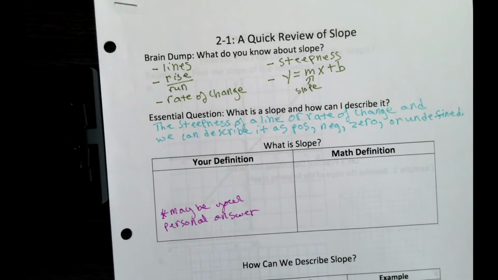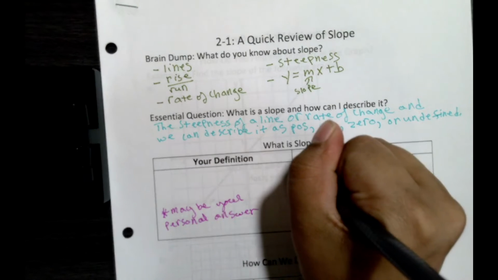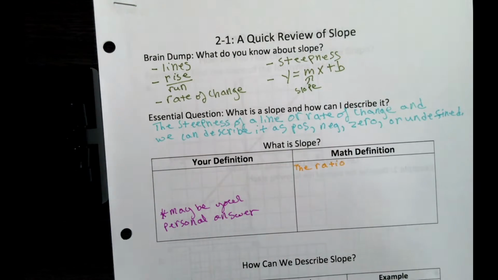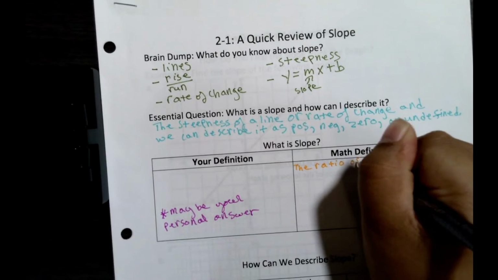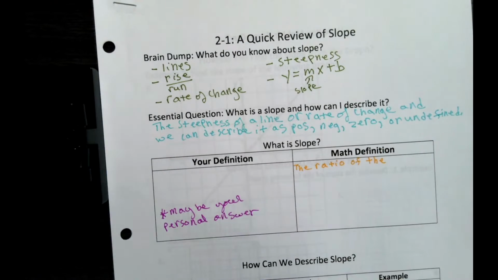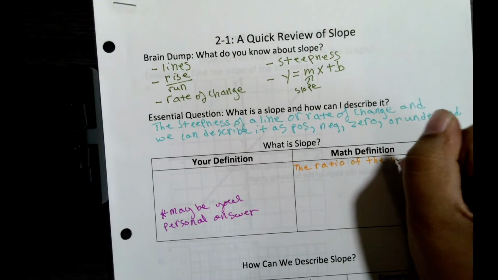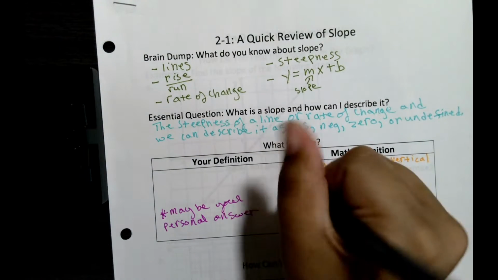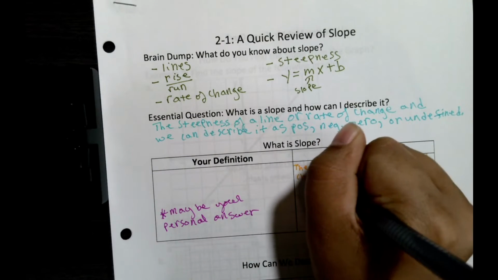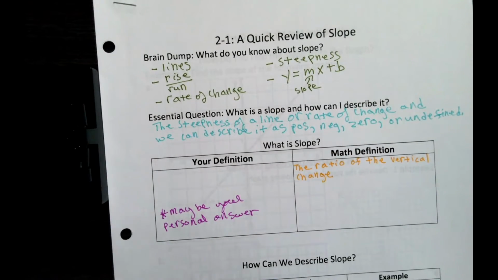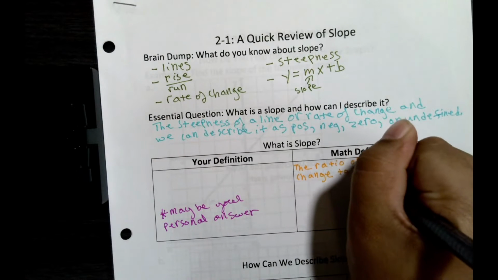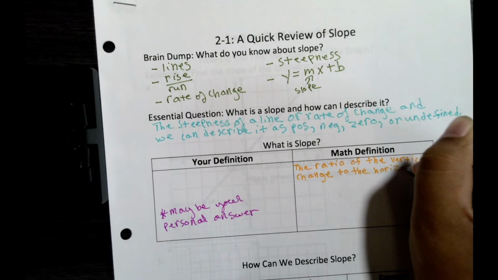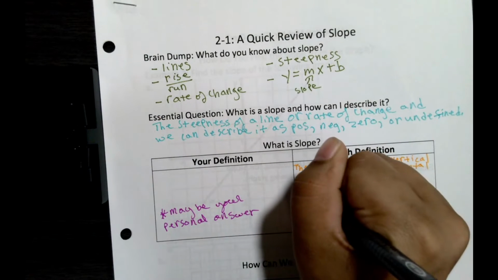That's going to be the ratio of the vertical change to the horizontal change.